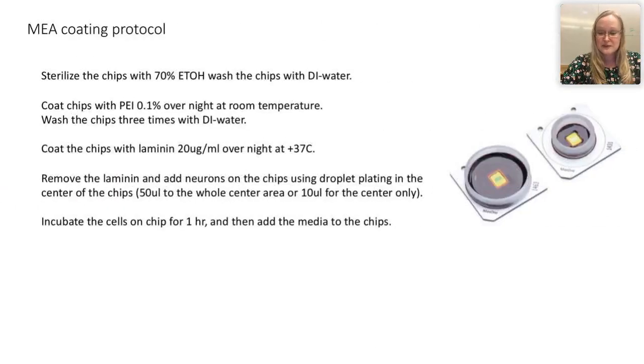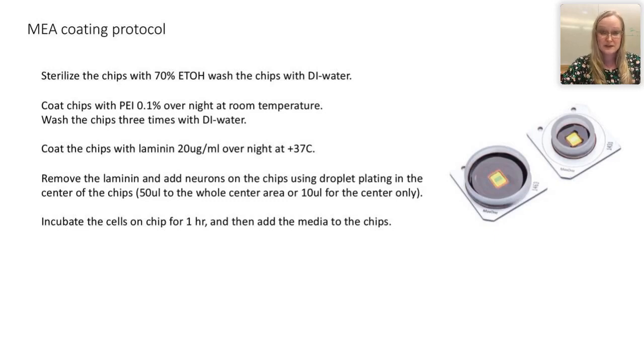To say a couple of words about the method, so here we first sterilized the chips with 70% ethanol, and then we washed them with DI water. We coated the chips with PEI 0.1% overnight at room temperature in borate buffer, and then we washed the chips with DI water.